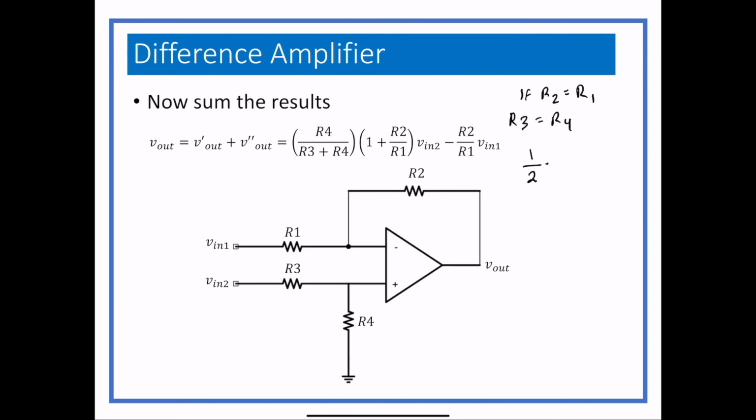And if we have R2 and R1 equal, we get 1 plus 1 times VN2. And then we get 1 times VN1.